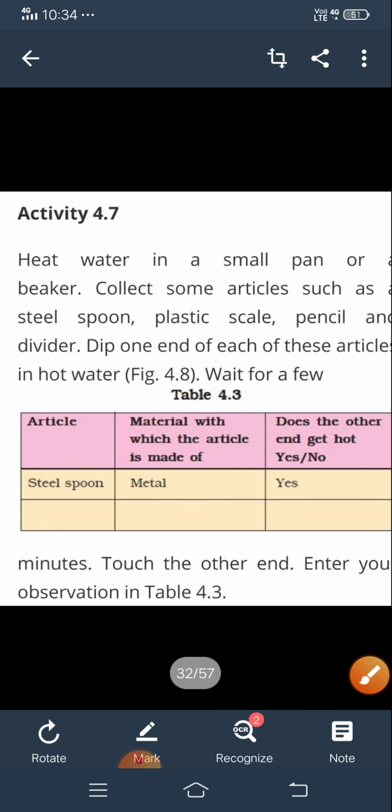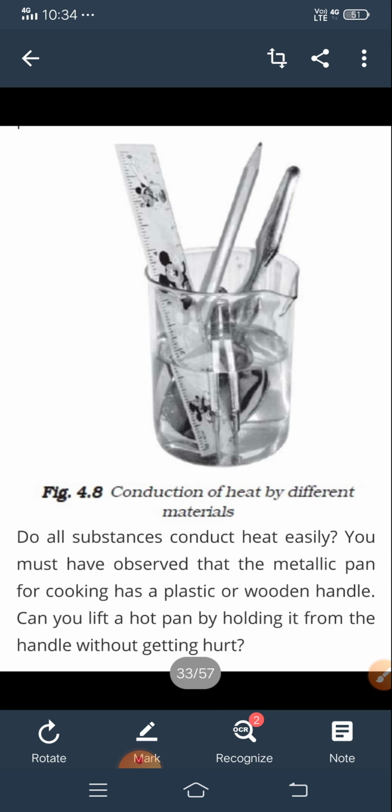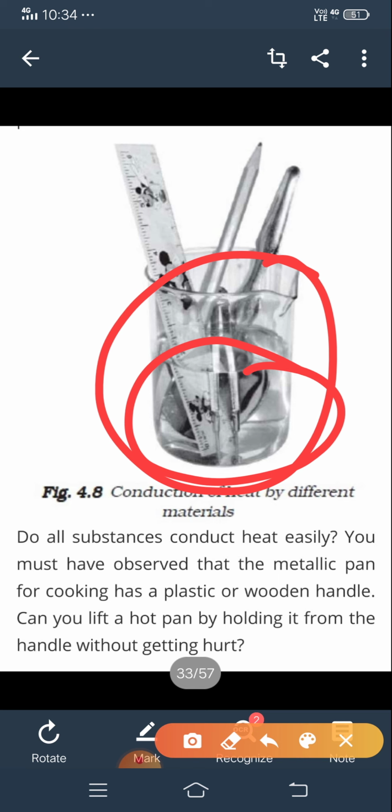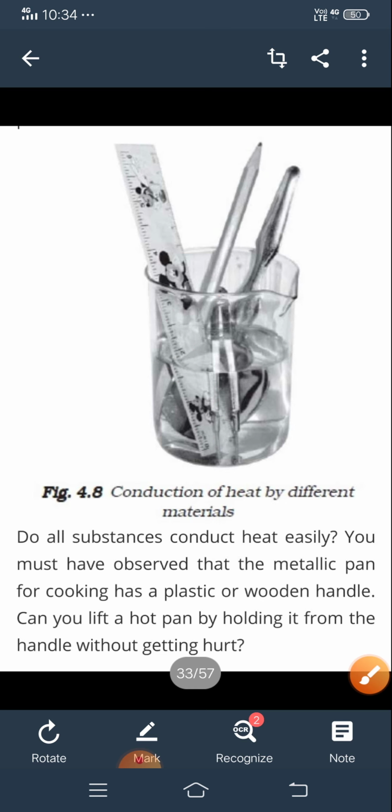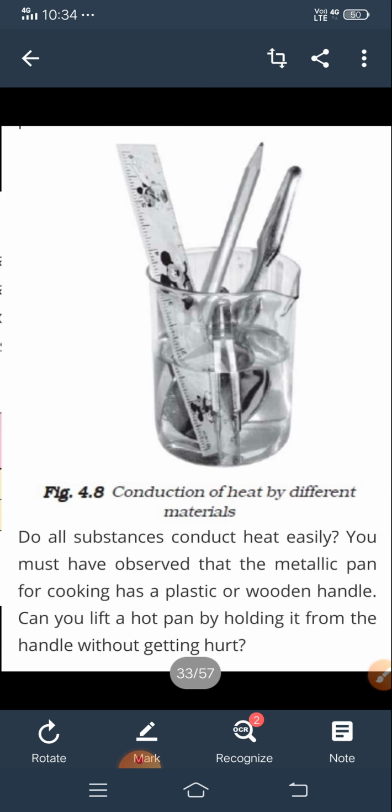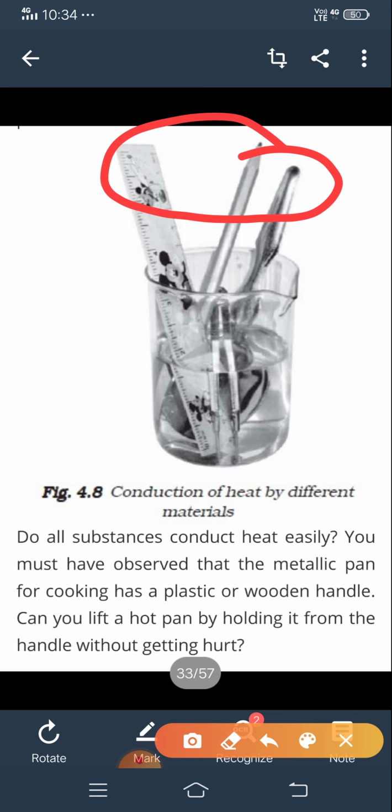Then wait for a few minutes. Now touch the other end of the things.